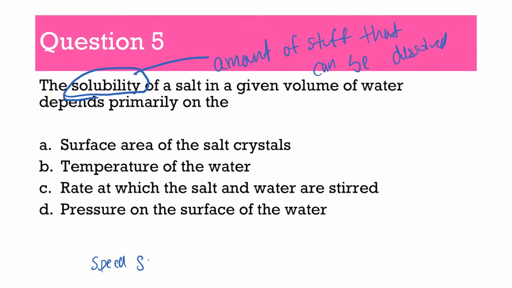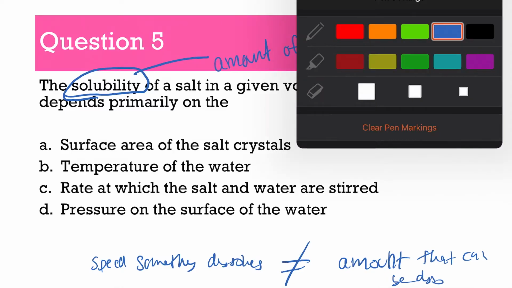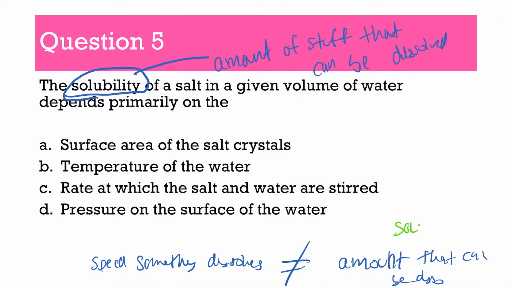The speed at which something dissolves is not the same as the amount of stuff that can be dissolved. The amount that can be dissolved is solubility, and the speed is something that speeds up the rate of reaction.